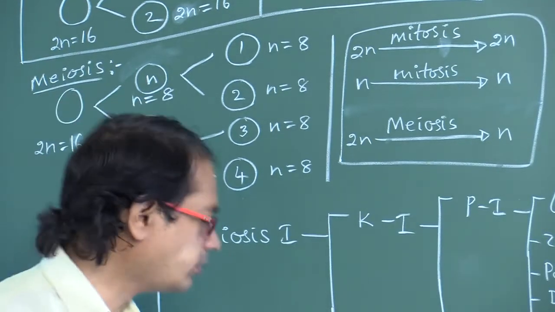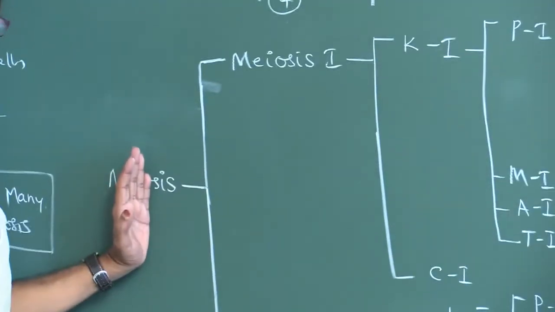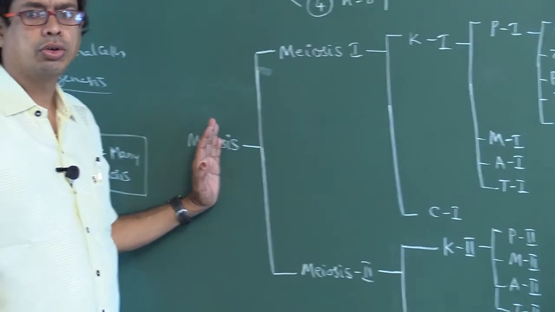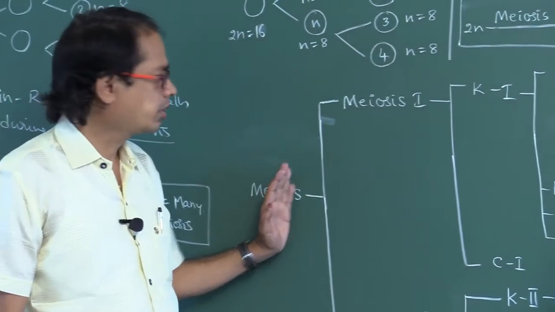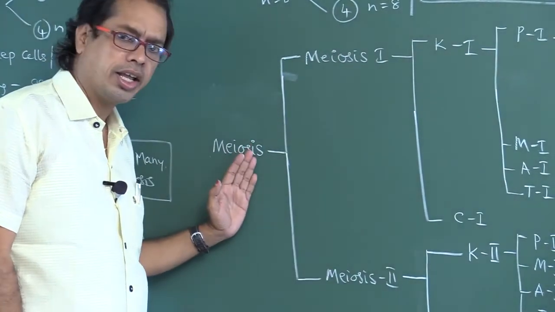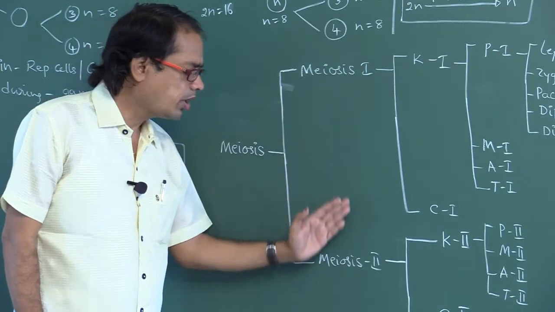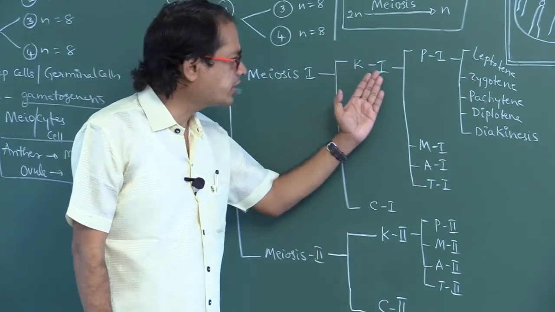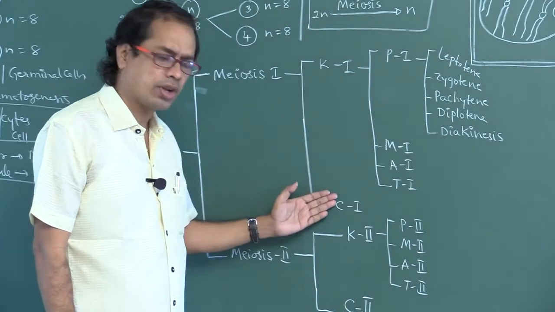Okay, right. Meiosis contains 2 major steps: meiosis 1 and meiosis 2. Meiosis 1 contains karyokinesis 1 and cytokinesis 1.